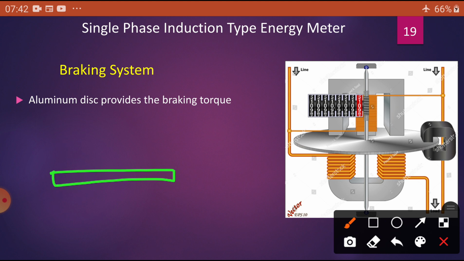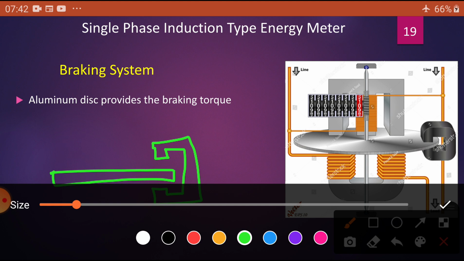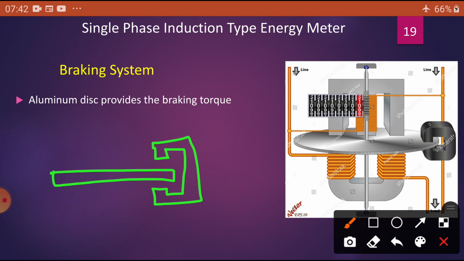Now I placed the magnets here. Braking magnets are placed on one side here. Then what happens? So what are the magnetic lines of force here? These are the flux linkages.